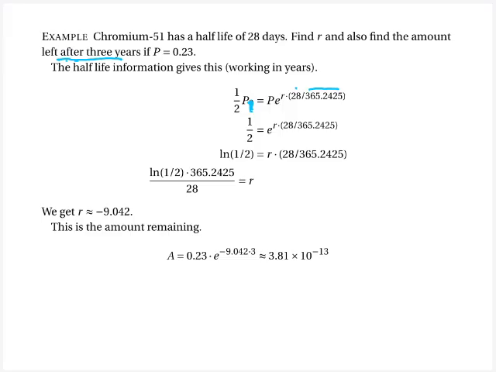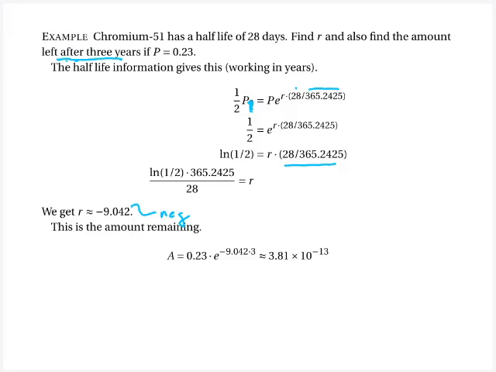And now the arithmetic is all the same except for this weird fraction here. And when I do the calculation, I got r equals negative 9.042. And again, the significance of the negative is that it's exponential decay, it's radioactive decay, rather than, excuse me, exponential growth.